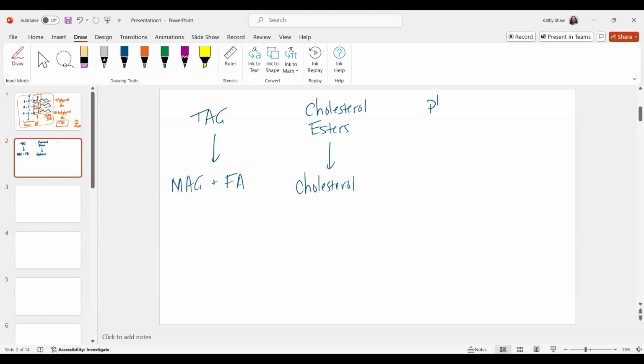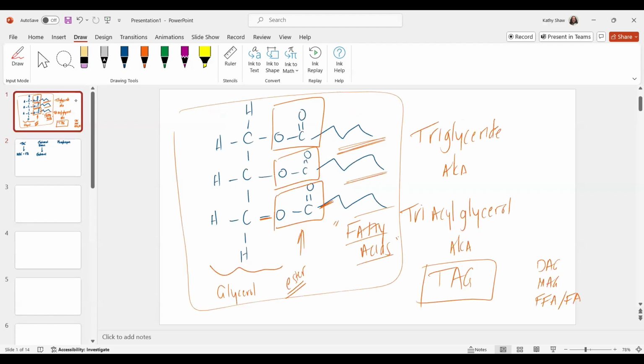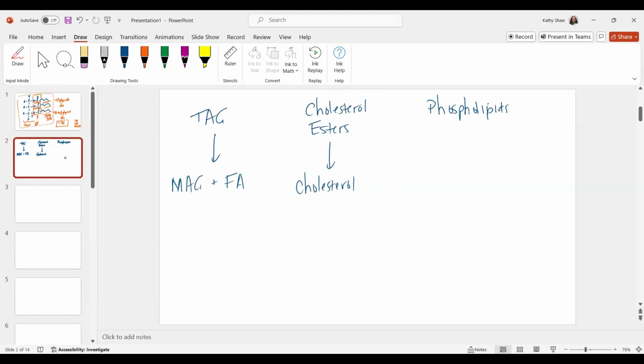We're going to take our phospholipids, and their structure is awfully similar to the triacylglycerol we just drew. We just put a phosphate in between. So before we attach the hydrocarbon, there's a phosphate there. We leave it. So we talked about the structure a little bit, but just to remind you, that's going to give us some glycerol and some fatty acids.